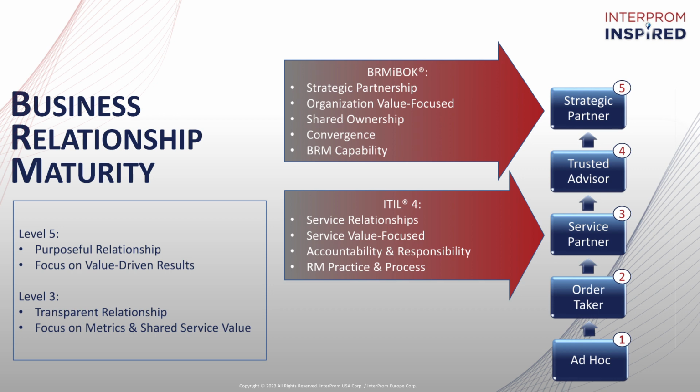And even more when we think in terms of the BRM capability, which I explained in the previous episode of this series. So to sum it up quickly, level 3, transparent relationships, focus on metrics and shared service value, definitely where ITIL has a lot to offer. Also the BRM Institute, to be fair, but to get to a level 5 relationship, you definitely have to switch and shift focus and look into the body of knowledge of the BRM Institute.